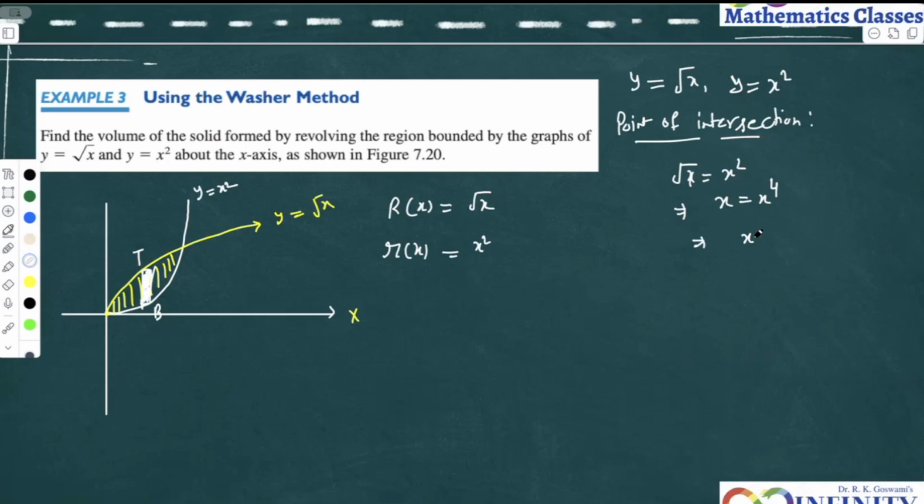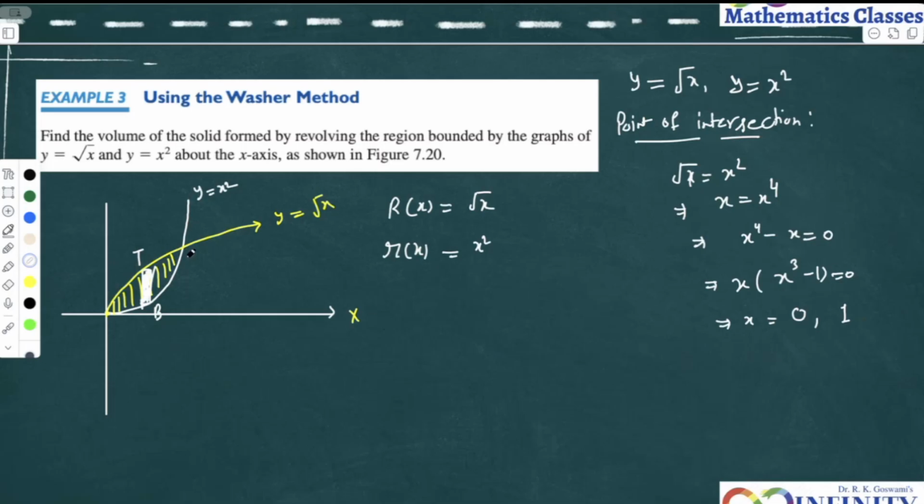I can rewrite the statement as x power 4 minus x equals 0. You can take x common, it is x times x cube minus 1. Can you please tell me what are the values of x for which the left hand side is 0? One is 0, the other one is 1. No confusion there.